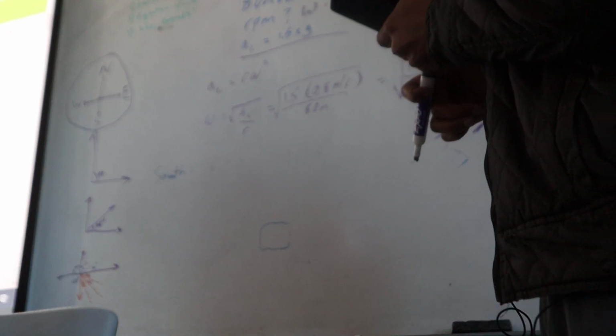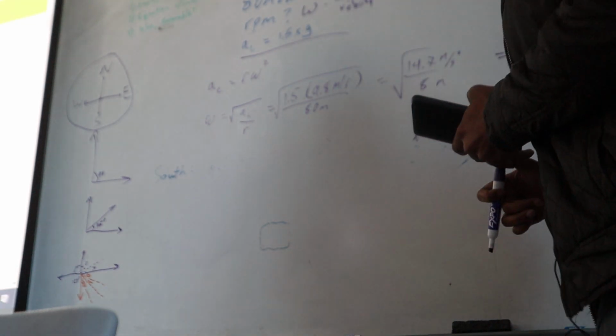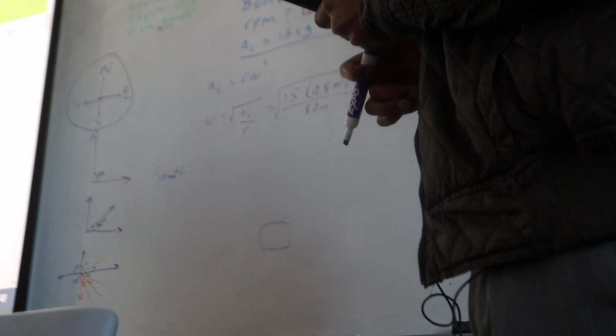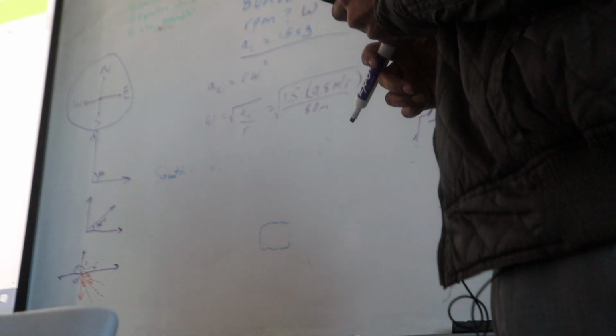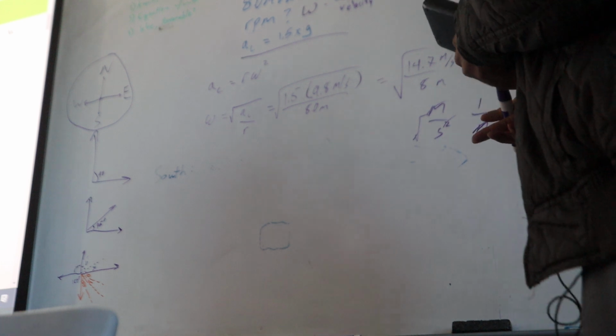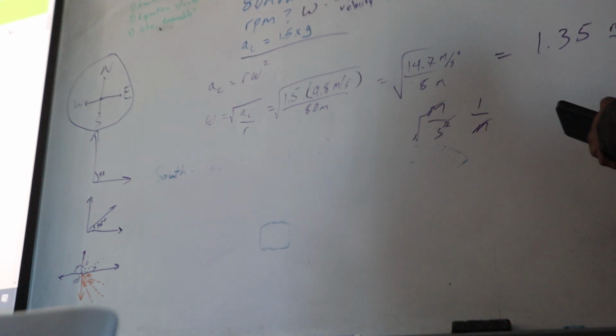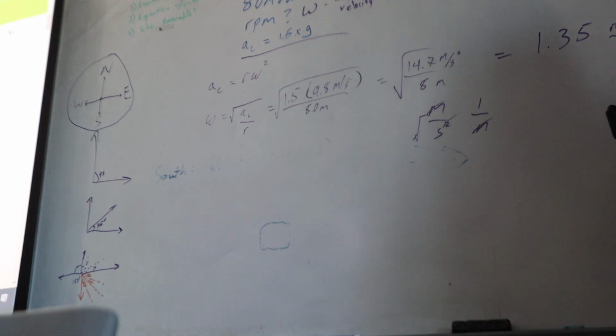Because it's saying it spins its occupants in a horizontal circular path. The path the riders follow has an 8-meter radius. At how many revolutions per minute? Revolutions per minute. So now, how do you get minutes? 60 seconds, 1 minute.